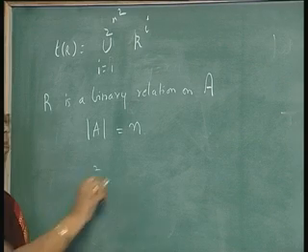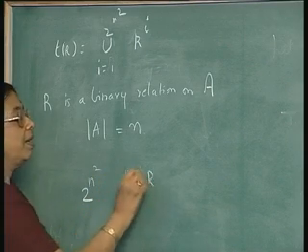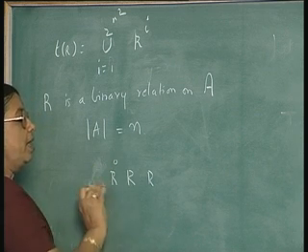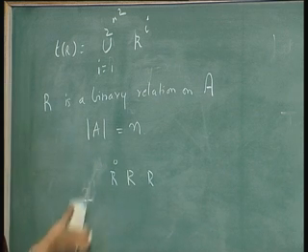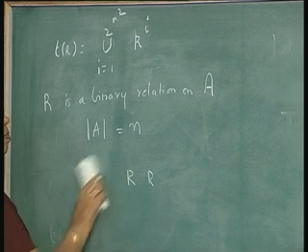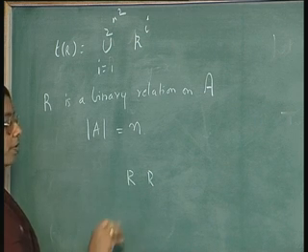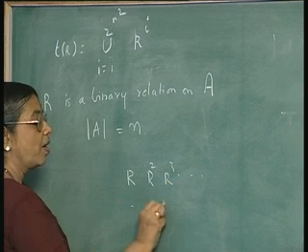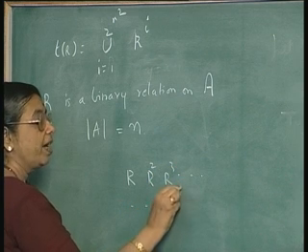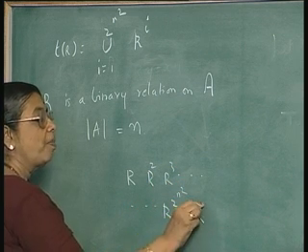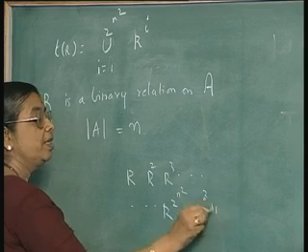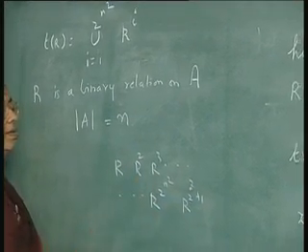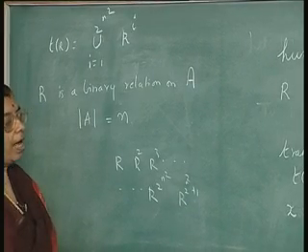So this R power 0 is the equality relation, that we are not bothered about now. We start the transitive closure from 1. So if you consider R squared, R cubed, etc., up to R power 2 power n squared, then R power 2 power n squared plus 1 will be a repeat among this set.